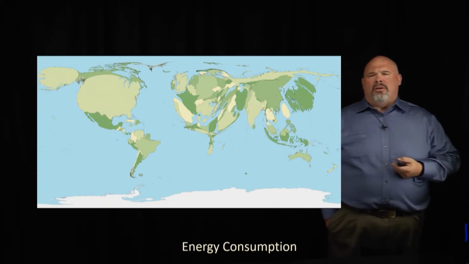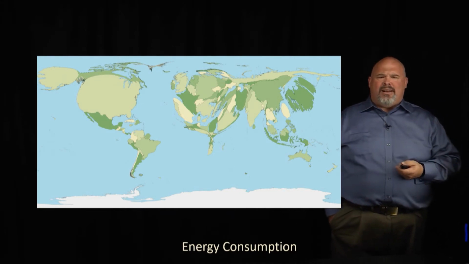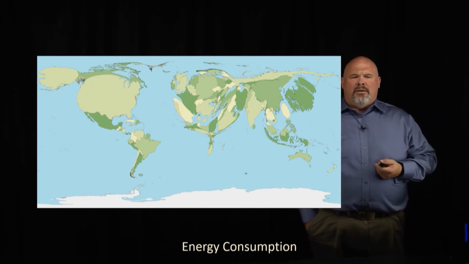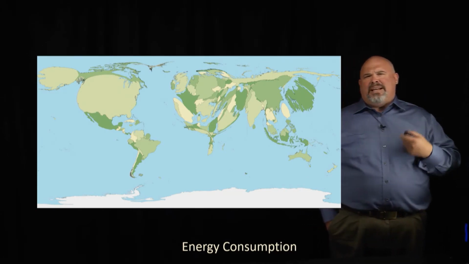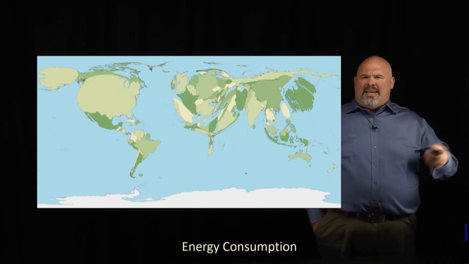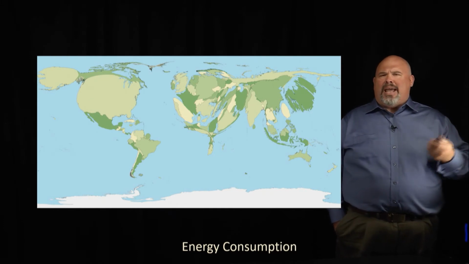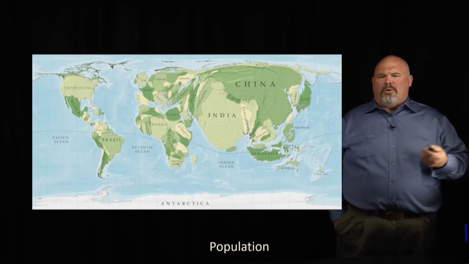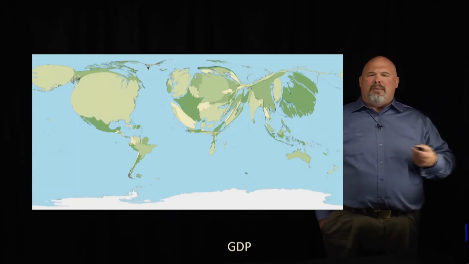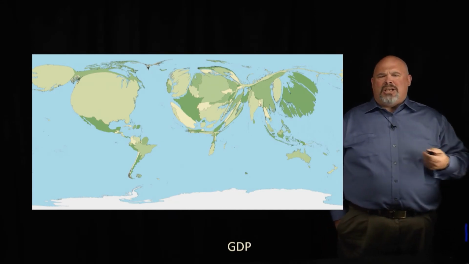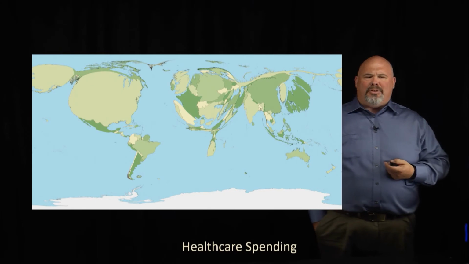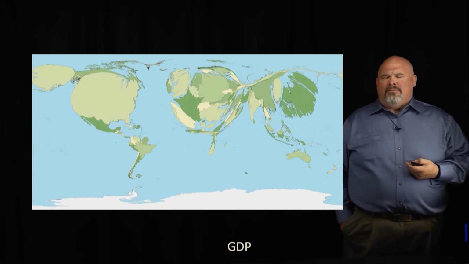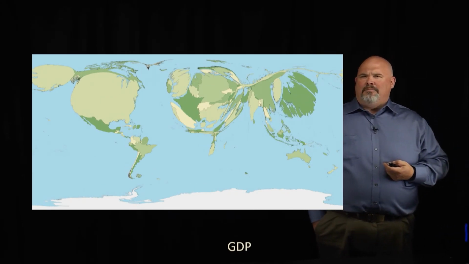Energy consumption. Look at the horrible United States again, using too much energy. I mean, Japan's using a lot as well, but again, this kind of feeds the narrative of the United States as a bloated energy consumer compared to our population. But here's a map of GDP, and that GDP map looks a lot more similar to the energy consumption and healthcare spending maps than we might have previously thought, right?